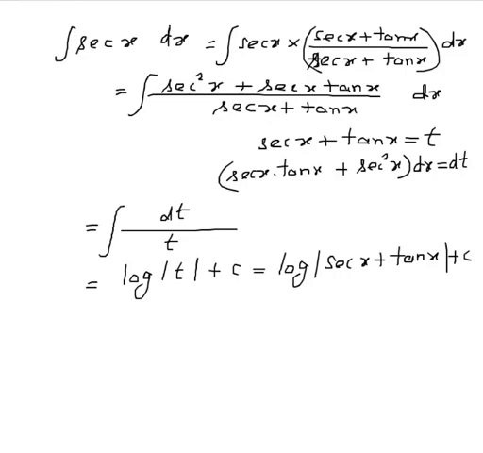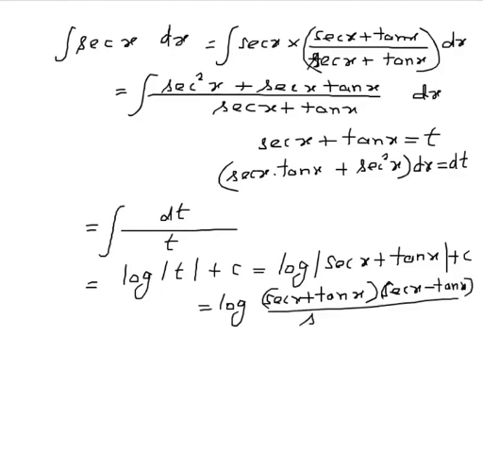Let us multiply by the conjugate. Log of secant x plus tan x into secant x minus tan x. Multiplying both numerator and the denominator by the conjugate, the numerator becomes secant square minus tan square.